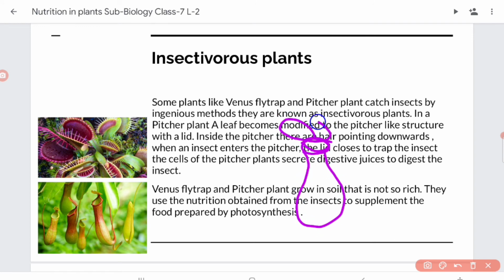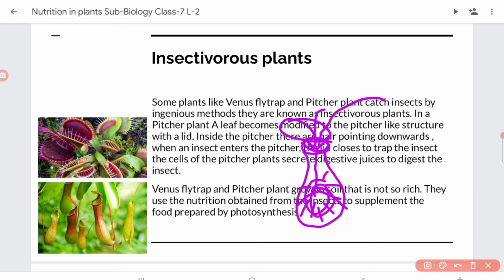There is a lid above that, and there are many hairs pointing downwards. Now, as soon as an insect enters this, it gets entangled in these hairs, and as soon as this happens, the lid closes down and the insect is trapped.